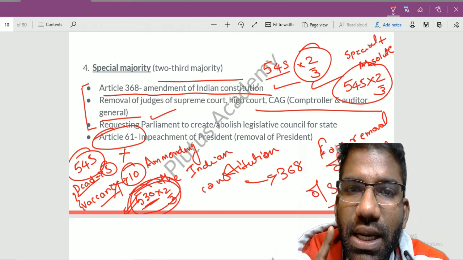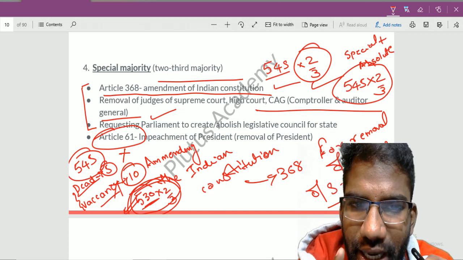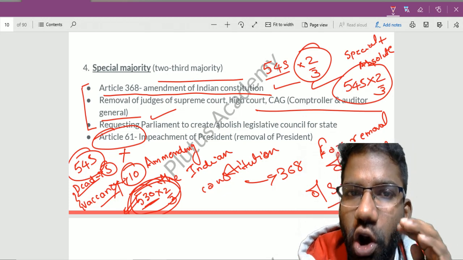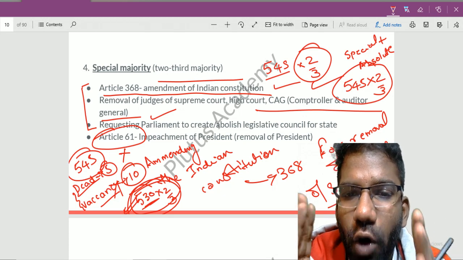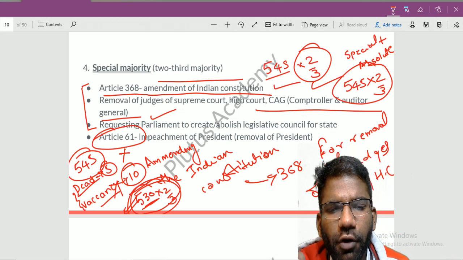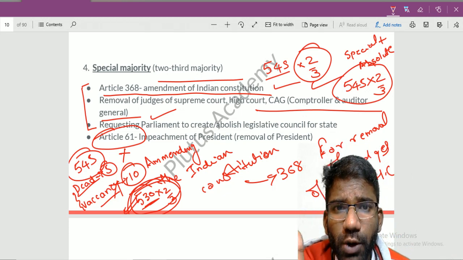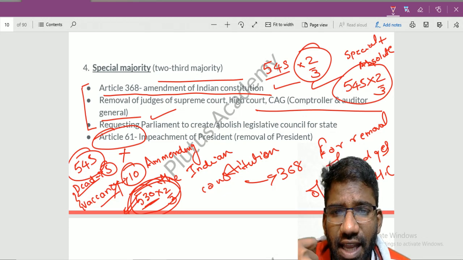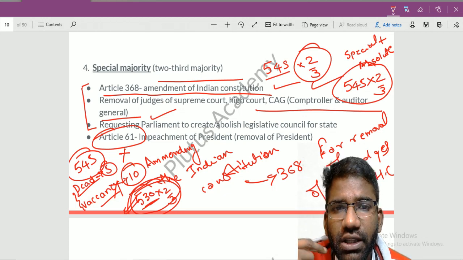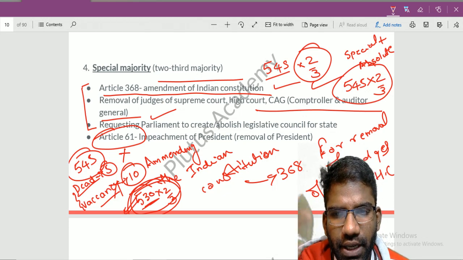But impeachment is the term used to remove the Honorable President of India if he goes against the Constitution of India or violates its norms. I hope all four majorities are clear to you. The first was simple majority, the second was absolute majority, the third was effective majority, and the fourth was special majority.